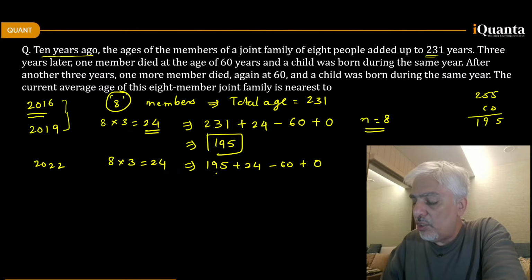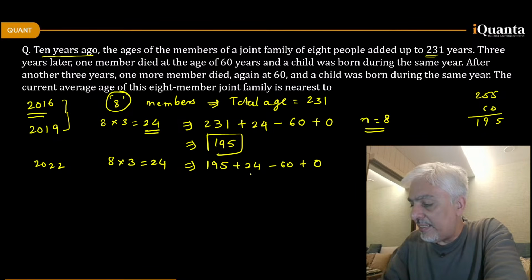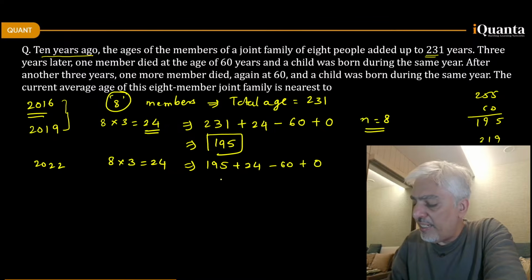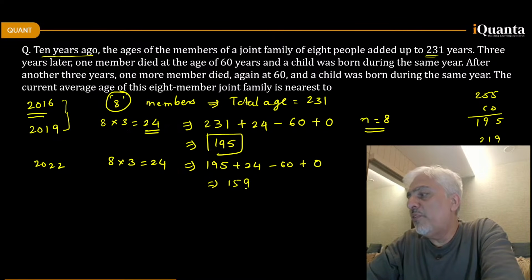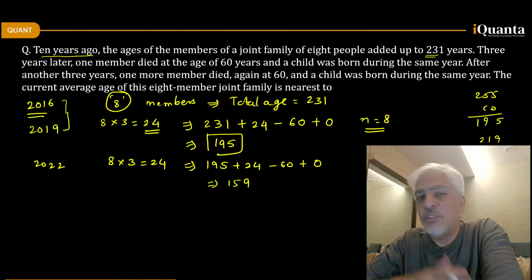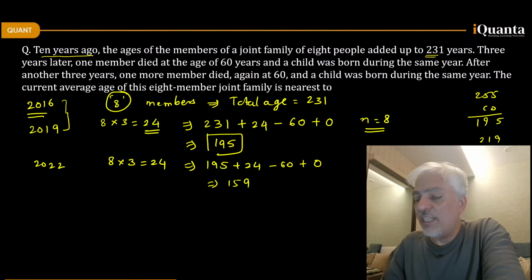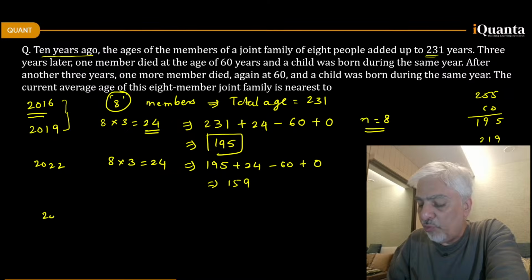So this will be 219. 219 minus 60 is 159. Rough work, if it goes below my face, doesn't matter. 159.